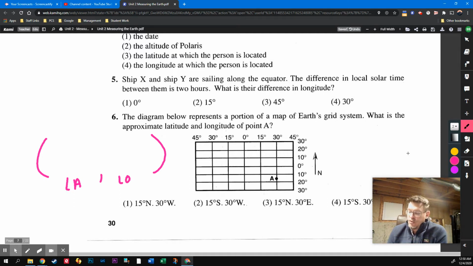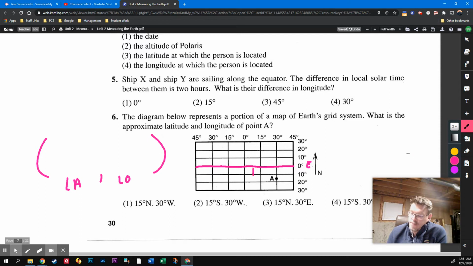So first thing you do is latitude. Latitude, flatitude. The flat lines are the parallels. We need to figure out where the equator is. The equator has a value of 0, so this right here is going to be the equator. The equator is 0. It is the flat line, the starting place for latitude.